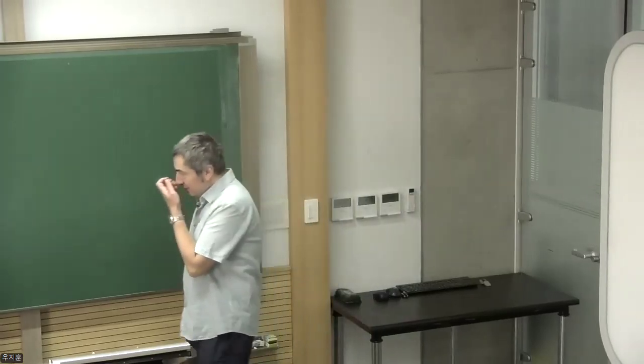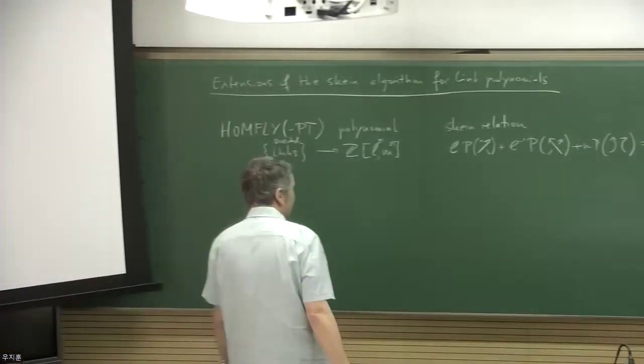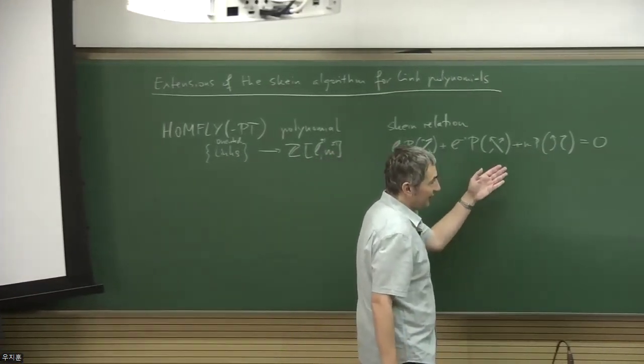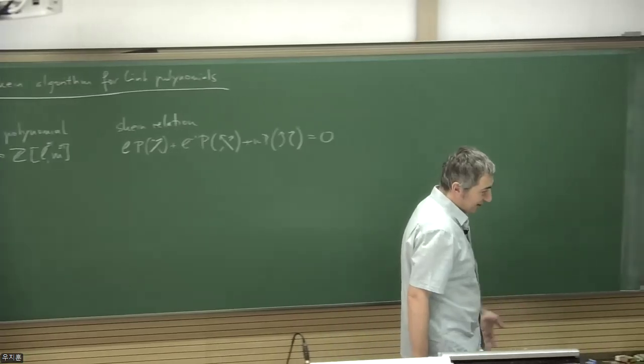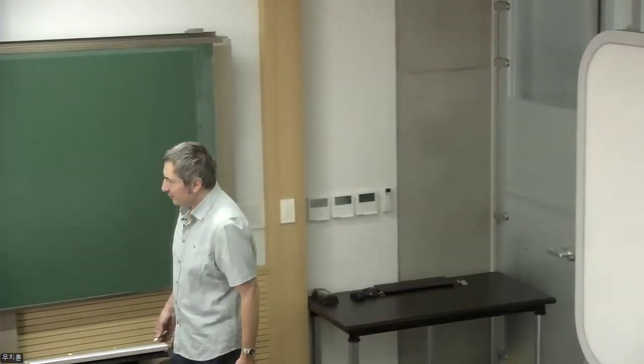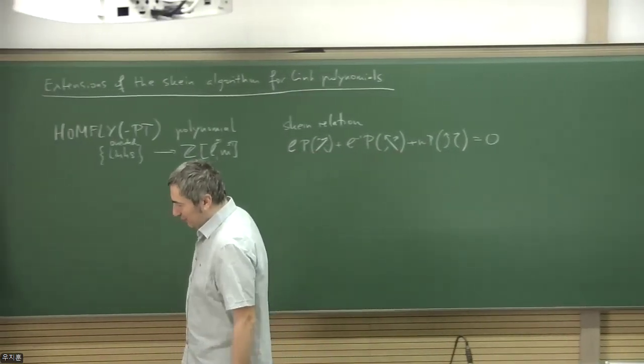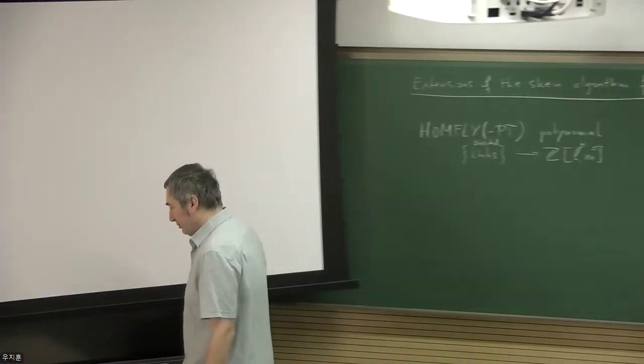So we can use the skein relation in this way, and again I emphasize what this means. Whenever you have a triple of links with diagrams equal except at one place, which look this way, and that way, then the polynomials of these three links are related by this relation.